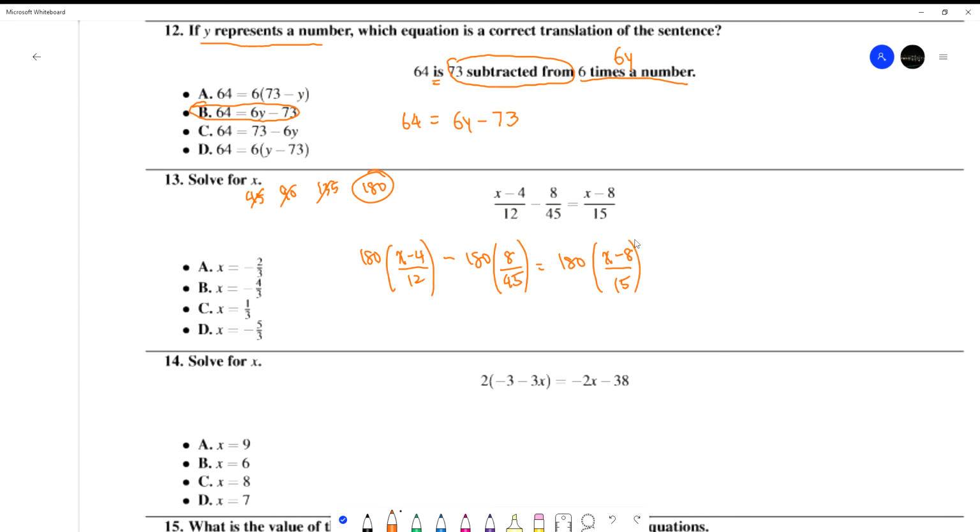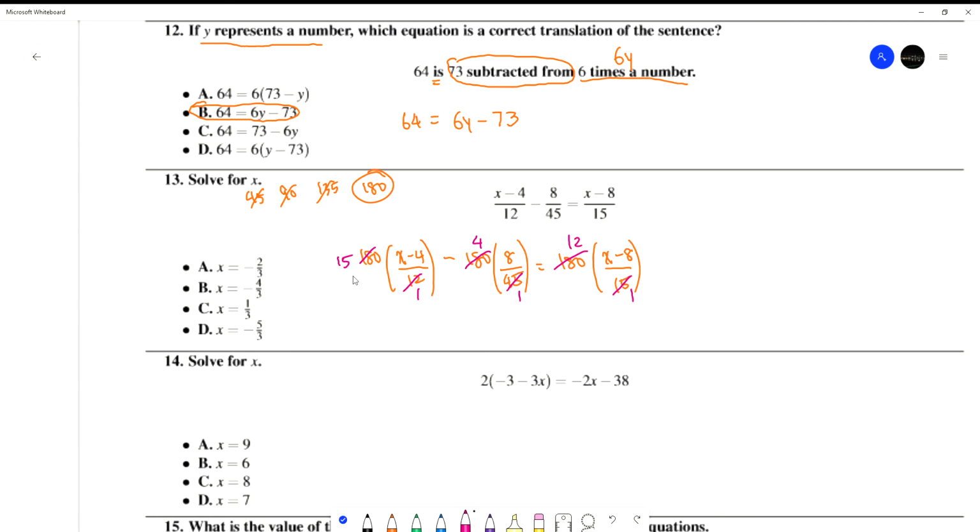Okay? And the reason you do that is because you have to distribute the 180, right? So I wrote it out separately for you to see how this cancels out. 12 divides into 180 15 times, right? And 45 divides into 180 4 times. 15 divides into 180 12 times. So as you can see, we cleared the fractions.